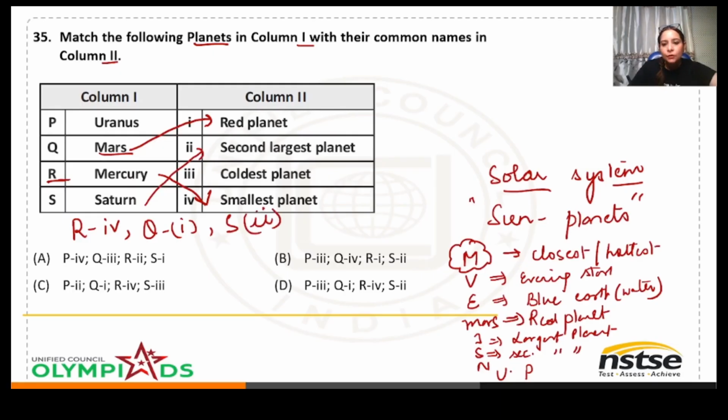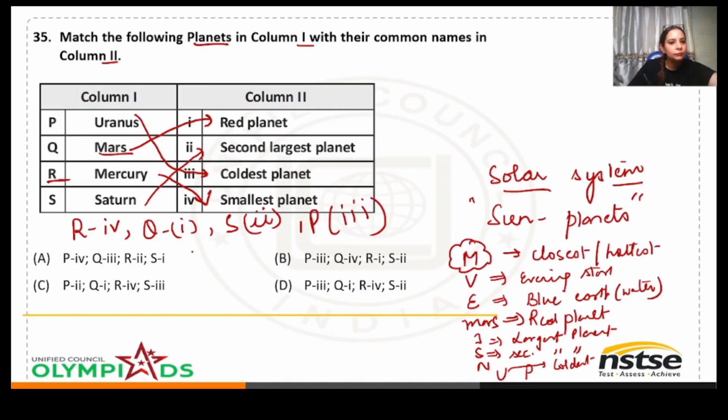Now moving on to Uranus, Uranus is the coldest planet. Why? Because it is made up of icy material, so that is the reason the temperature at its surface is quite low, and also it has a thick atmosphere which has methane, hydrogen and helium. So that means Uranus matches with 3, that is P matches with 3.